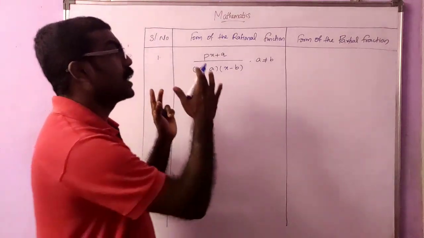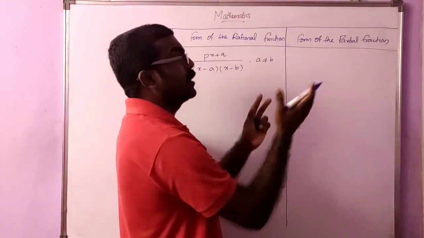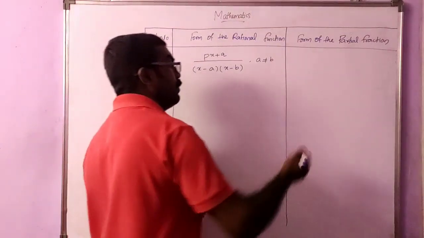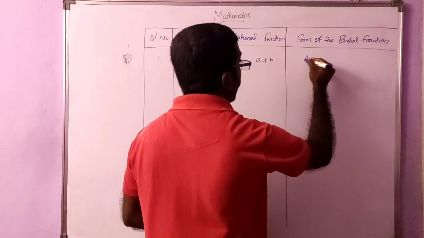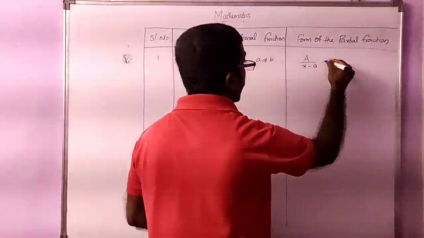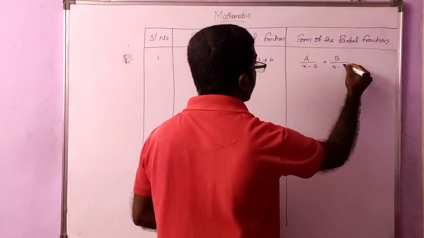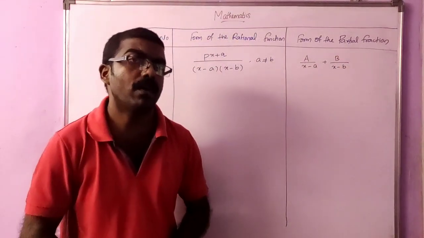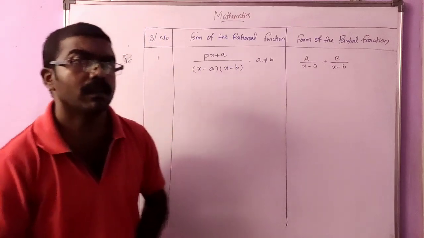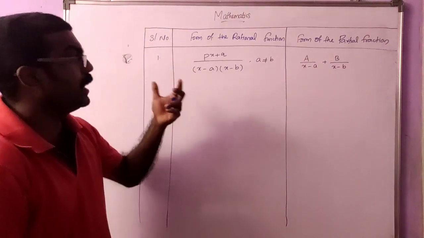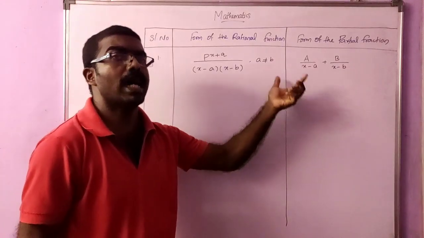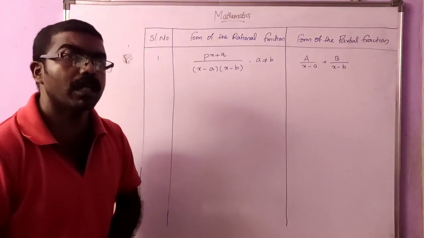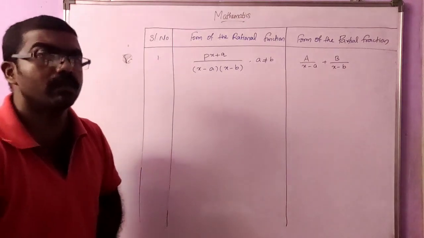We have to convert this into partial fractions using the partial fraction decomposition method. So the form is A by x minus a plus B by x minus b, where A and B are constants. Those constants we have to find out. That method we will discuss later. So first of all, we change the integrand as the sum of two simple rational functions: A by x minus a plus B by x minus b.